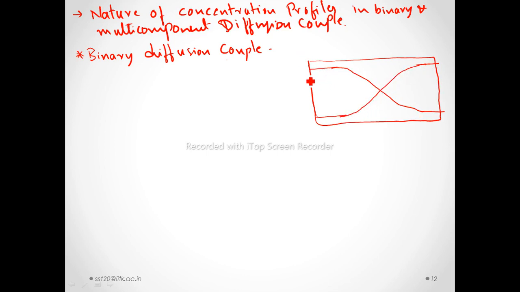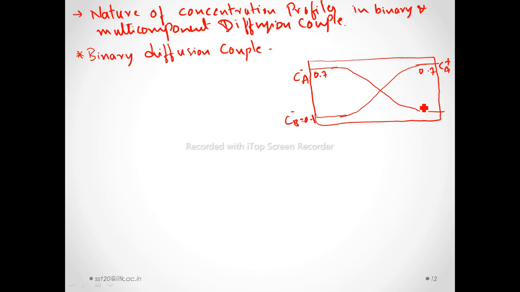Consider Ca minus is 0.7 and Cb minus at the one end is 0.1. And here it is almost the same, Ca plus is 0.7 only. Here it is a little bit higher.